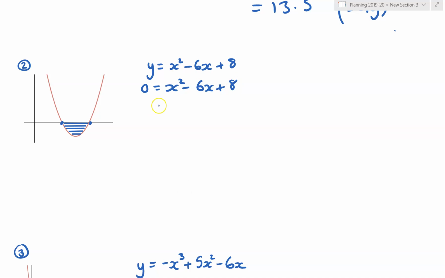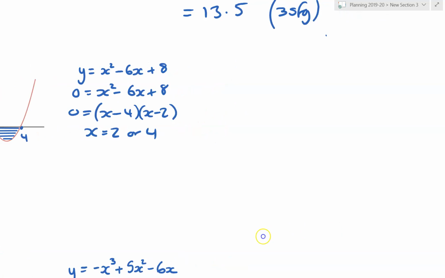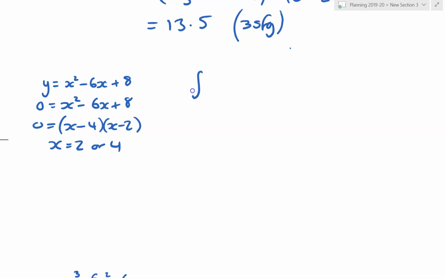And this one's nice and easy because it factorises straight away to a -4 and a -2, which means that x is 2 or 4. So we are integrating between 4 and 2 the equation with respect to x.